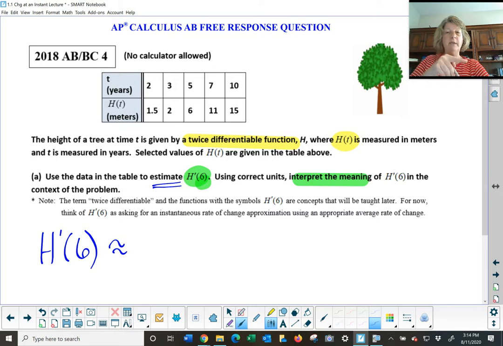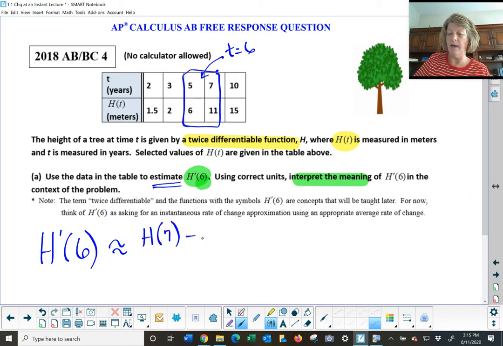And we're going to do it just like we did the last time. I'm going to choose the smallest time frame I can, around 6. So in my table, I see time 5 and time 7. That means that time 6 slides in between there. So I'm going to use those two, and I'm going to look at h of 7 minus h at time 5.